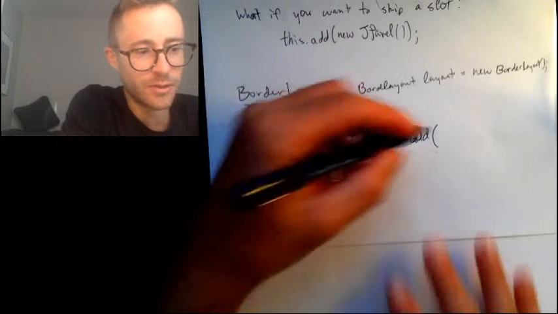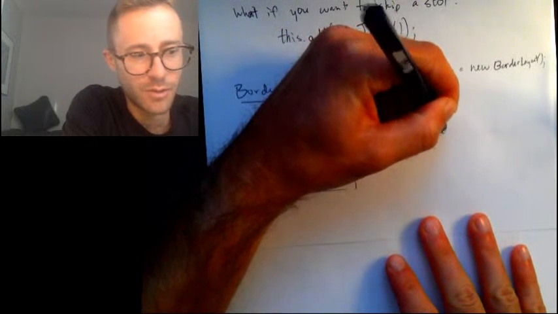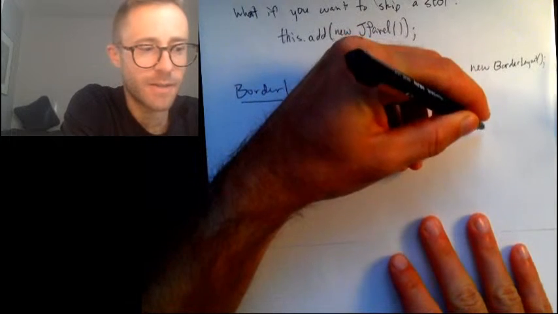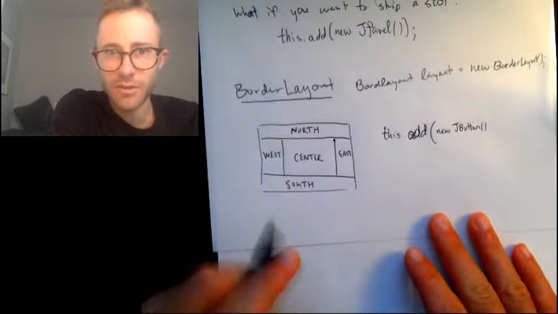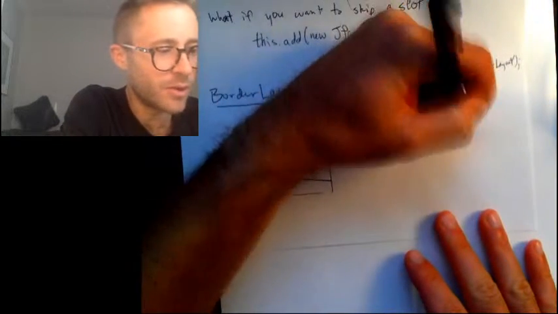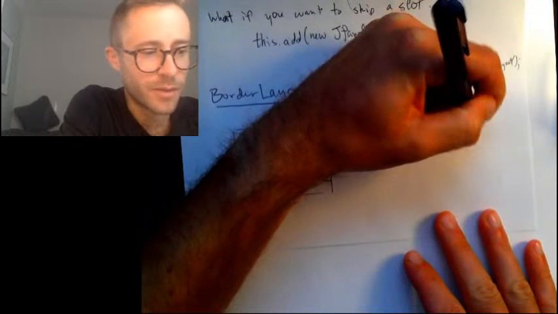The first argument is the thing that you're going to add, so maybe a new JButton. The second thing is, where are you going to place that new JButton? So maybe I place it in BorderLayout.SOUTH.